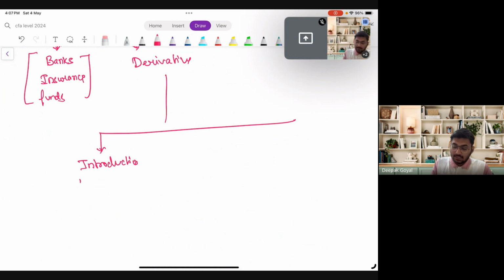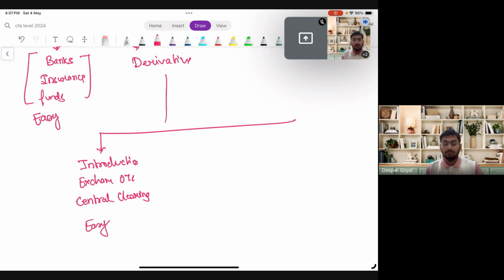Then we have exchange and OTC. And then we have central clearing. Clear? This is one head. Just like this is an easy head, this is also an easy head. Okay? It will not take much of your time and effort. Clear? Can be easily done.